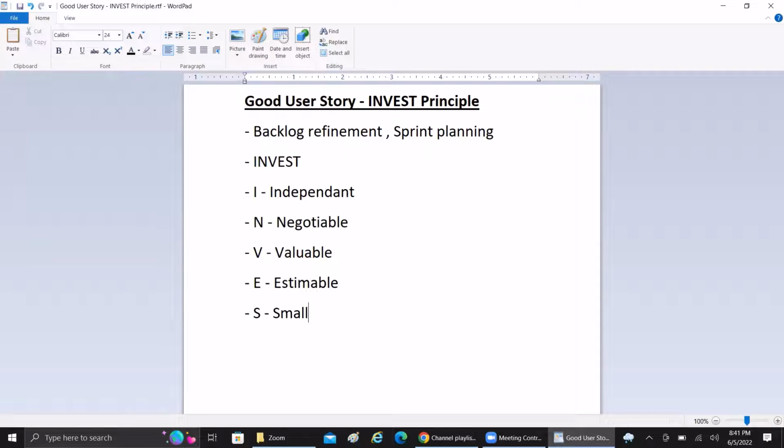For that particular sprint, how many planned vacations are there, how many team members are actually available, how many hours of work there are and how it can be planned. That is what estimable means. Small is the general meaning, that the user story should be small enough to be completed in the sprint by that particular Scrum team. So you should not get confused between estimable and small. Both are similar, close concepts.